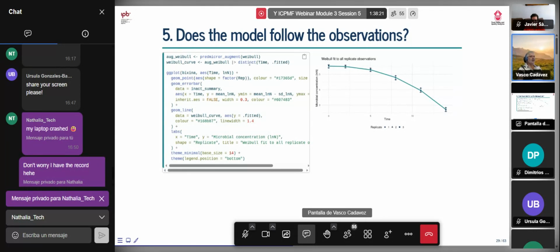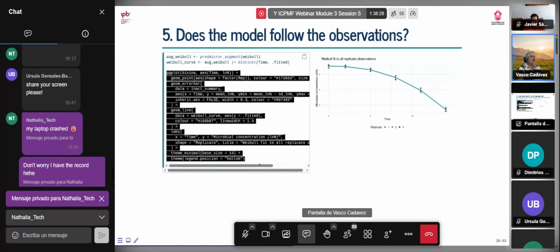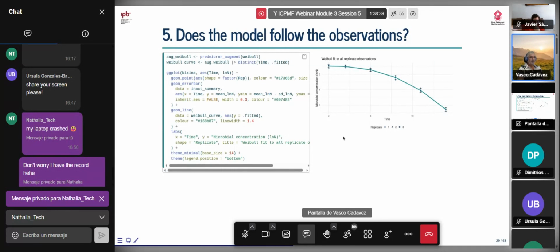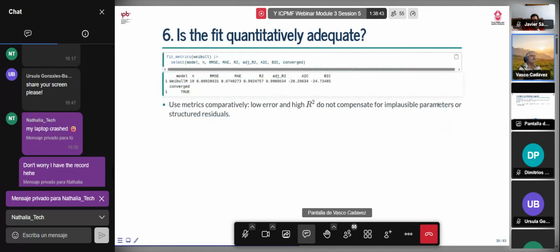Then you can make a distinction for time because we have different repetitions, and then we go to the ggplot and you will get this nice curve. So you can see you have the observed values and you have also the limits, the standard deviation along each dot, and the line is the fitted values.